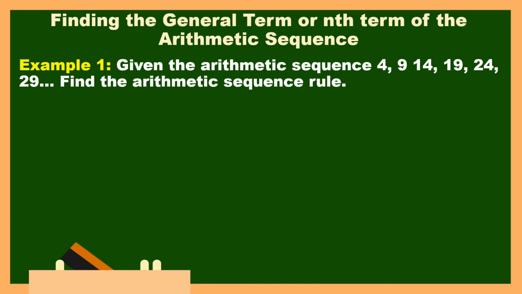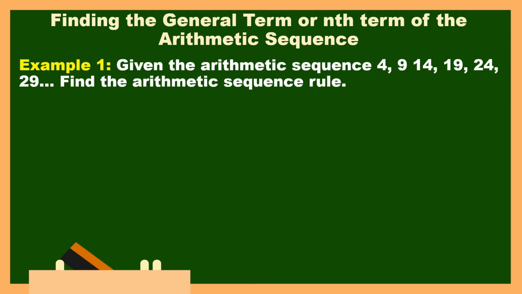For example, number 1, given the arithmetic sequence 4, 9, 14, 19, 24, and 29, and so on, find the arithmetic sequence rule. So, para mahanap ang arithmetic sequence rule ng ating example, we will identify first the value of a sub 1 or the first term and find the common difference.